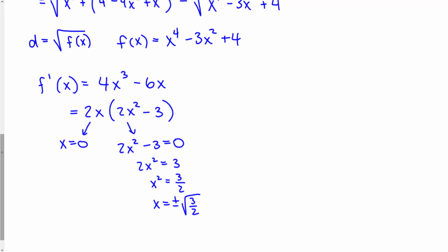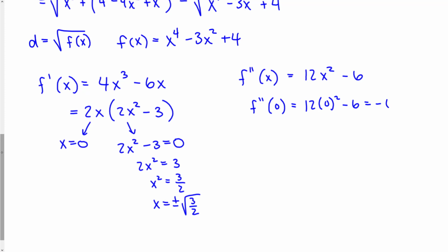And again, I think the second derivative test is probably going to be better than testing intervals with the first derivative test. So let's see. 12x squared minus 6 is my second derivative. So the second derivative evaluated at 0 gives me 12 times 0 squared minus 6, which is negative 6.